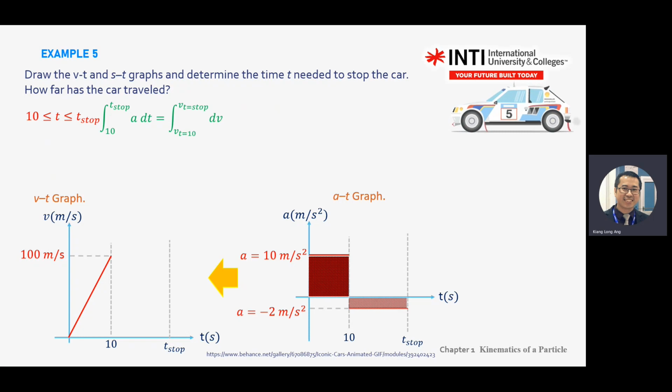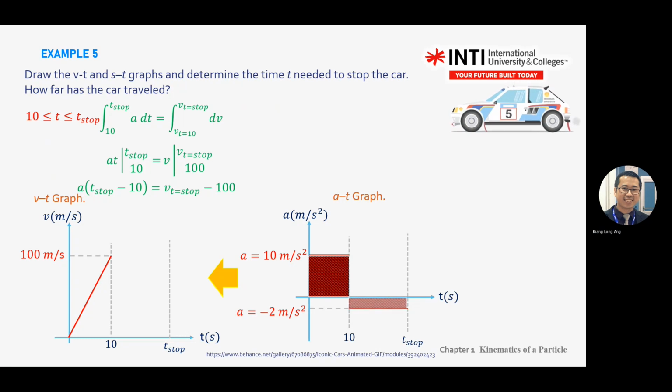Then you substitute, you run the integration steps. You'll get a(t stop minus 10) equals v at t stop minus 100. You already know velocity at 10 seconds. So it is 100 meter per second.